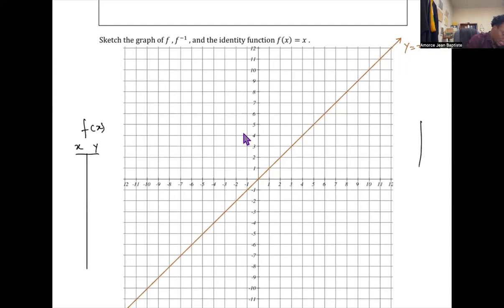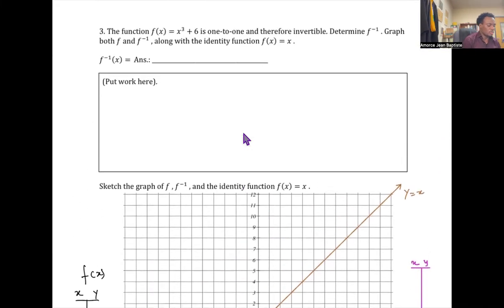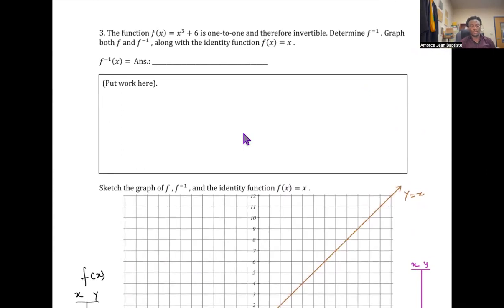Over here, I make a table for f inverse. But let's start looking for the equation of f inverse first.